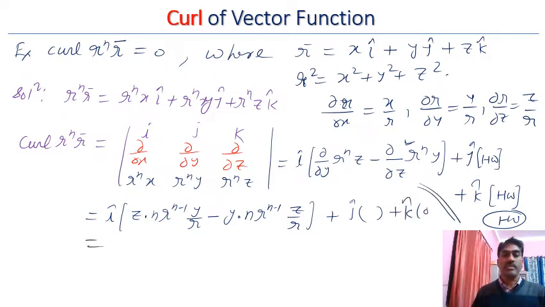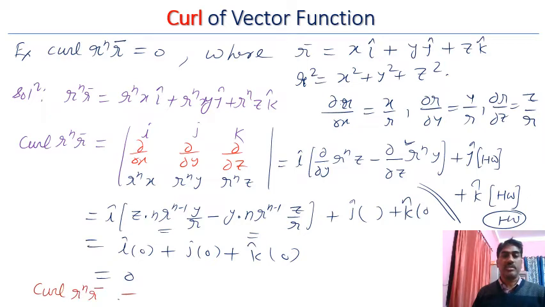So you can see that both these terms cancel out each other, and we get i 0 plus j 0 plus k 0, and finally 0. So curl of r^n r is 0, where r is the position vector given by this relation.